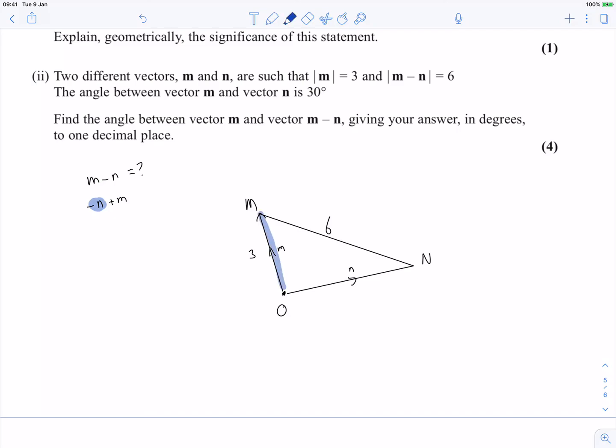So if that length is 3 and that length is 6, and I've defined O to n as n and O to m as m, then the length of m, which is just the length of O to m, is 3, as described by the diagram, and n to m, which is minus n plus m, the length of that, which is the orange bit, is 6.